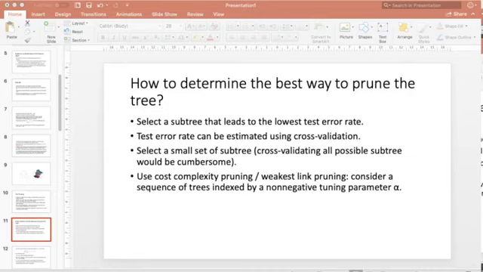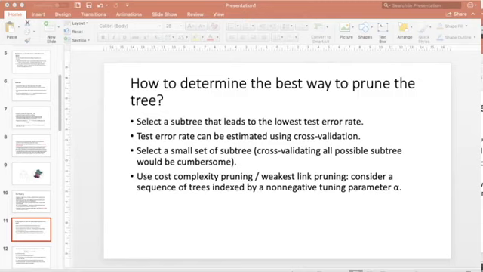But you need to remember there might be an extremely large number of possible subtrees. If you have a very large tree, you might have branches here and there, and so many possible subtrees. Estimating the cross-validation error for every possible subtree would be very cumbersome.